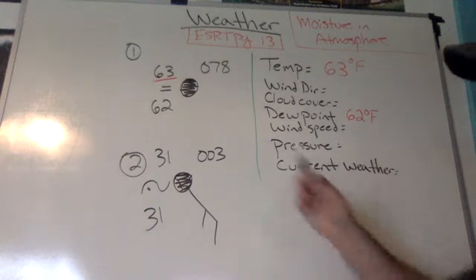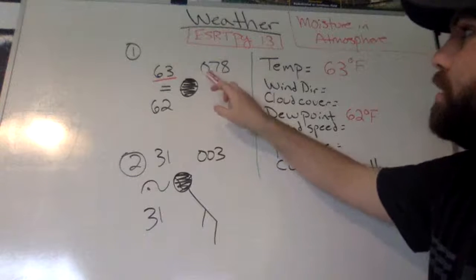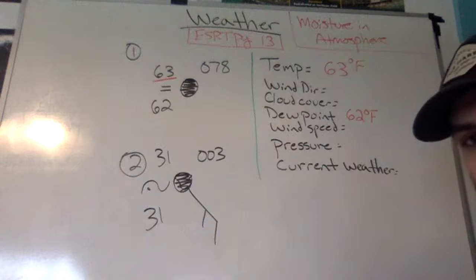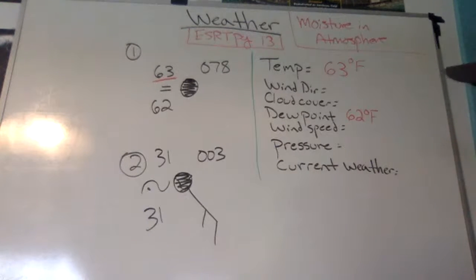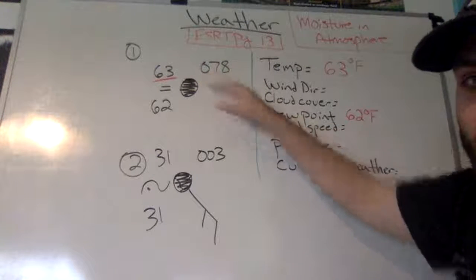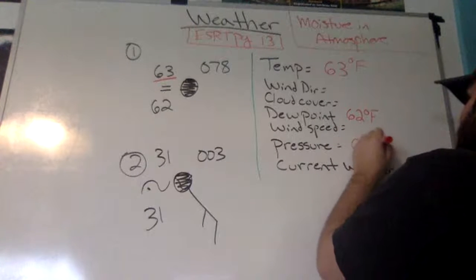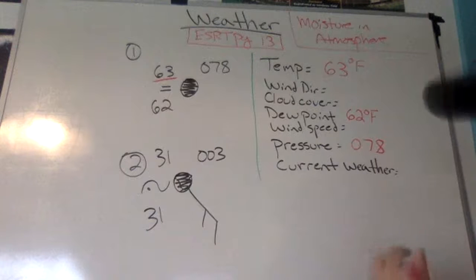Now, the next number, going across, is 078. If you look in your station model, you will notice that that is the pressure. So for our pressure, you keep the 0. It is going to be 078, and for this, it's going to be in millibars.